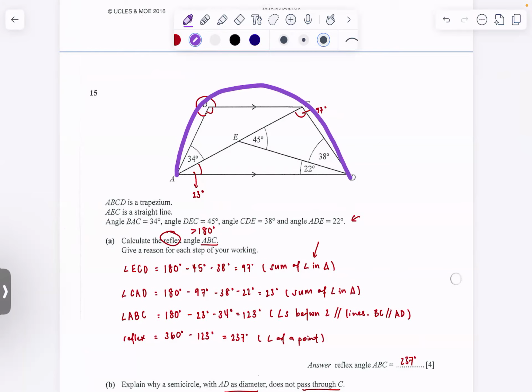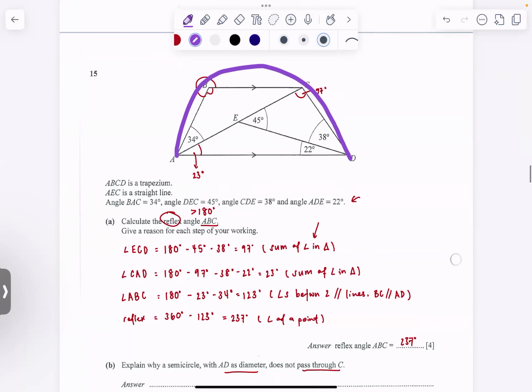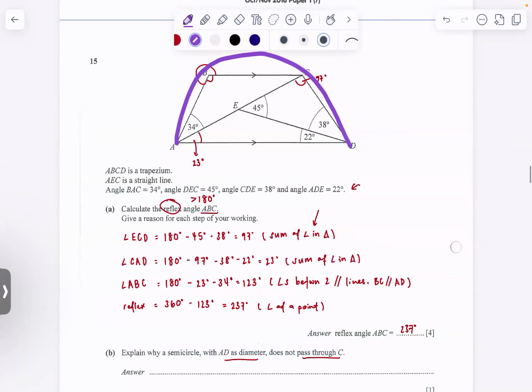In order for it to pass through C, what is the requirement? All right, there's a requirement that actually this angle right here has to be 90 degrees, right?